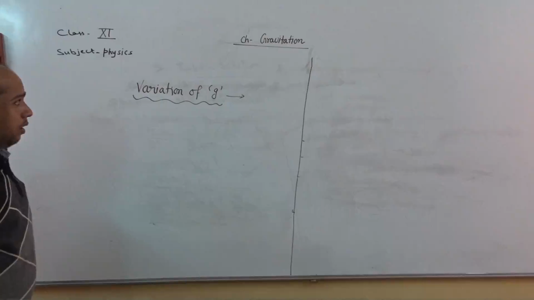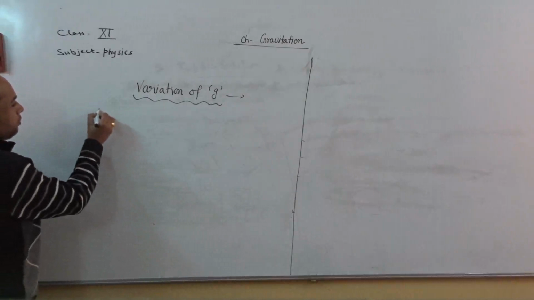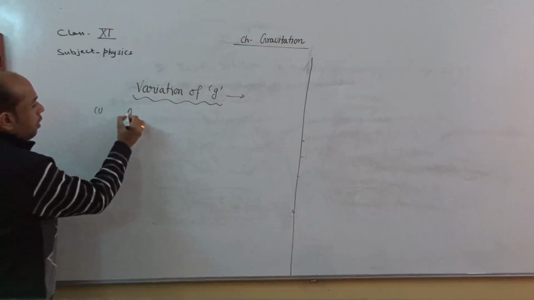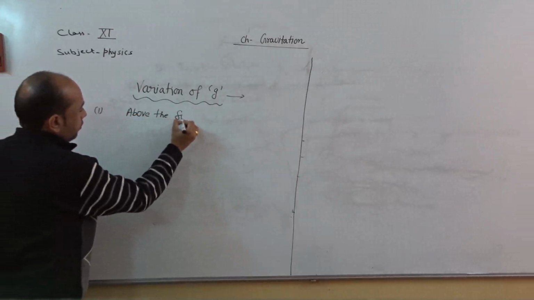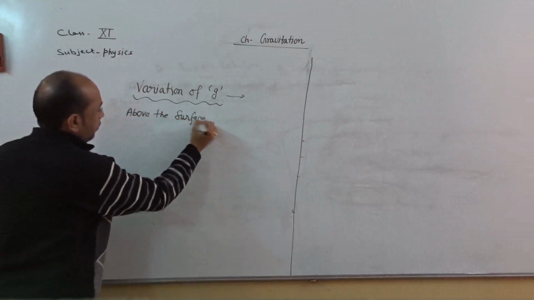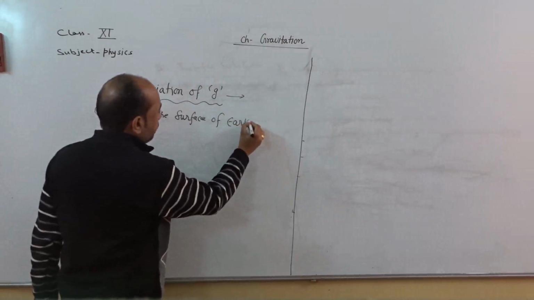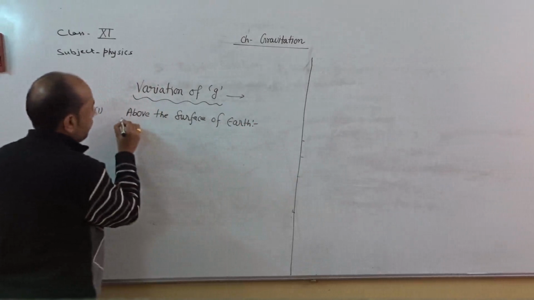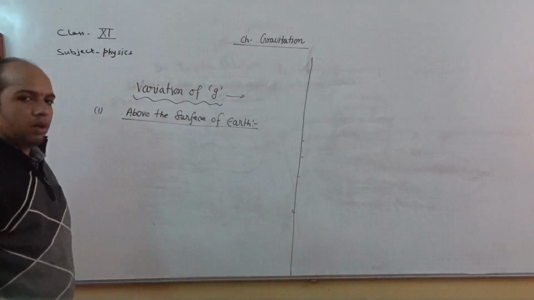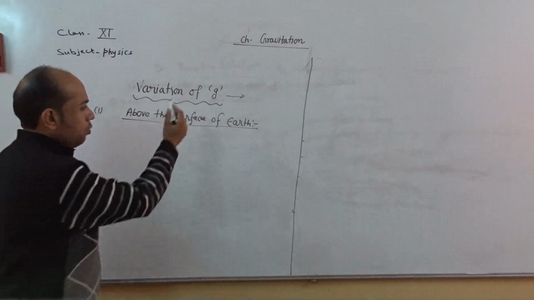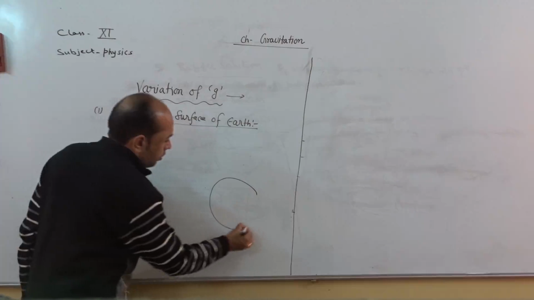Next we see how gravitational acceleration varies. First we take above the surface of Earth. What happens when we go above the surface of Earth and how does small g vary?